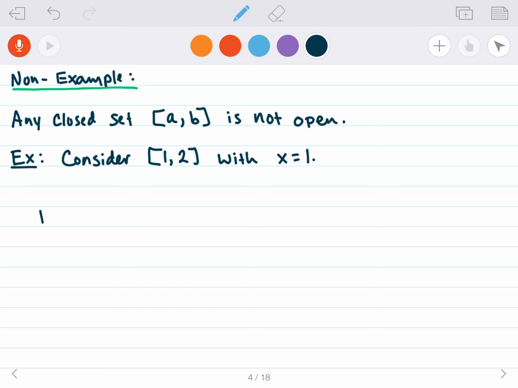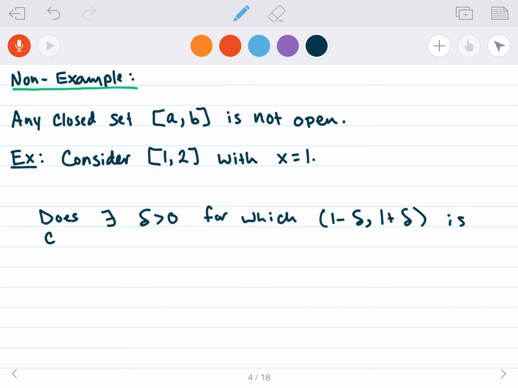Does there exist a positive delta for which 1 minus delta, 1 plus delta is completely contained in 1, 2? And the answer is no.